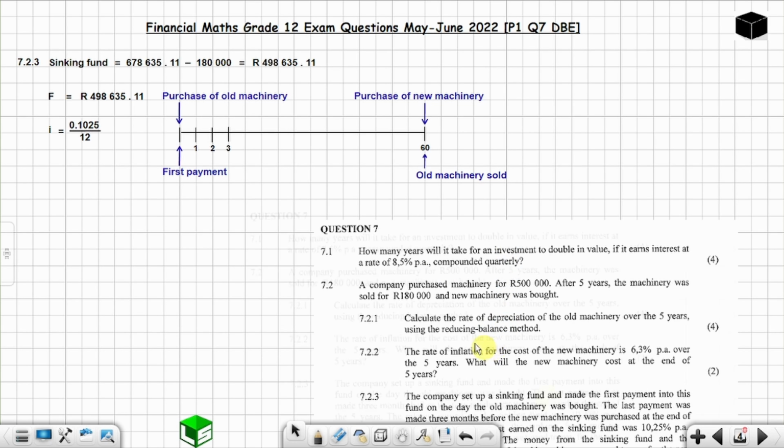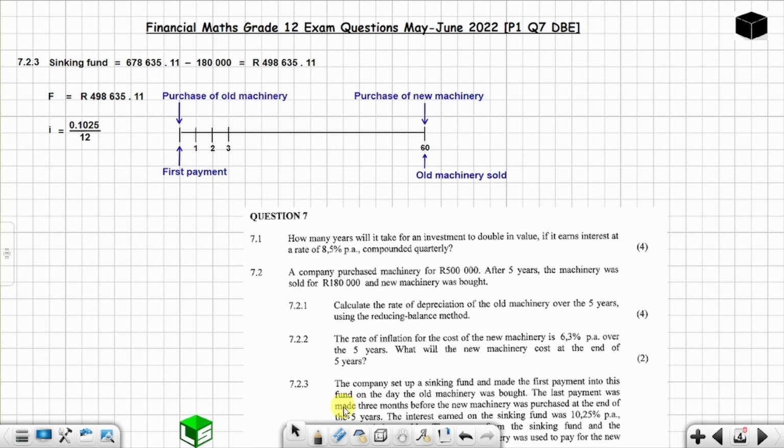Okay, so when you check, the last payment was made 3 months before the new machinery was purchased at the end of 5 years. Okay, the new machinery is purchased at the end of 5 years, and now you have the last payment made 3 months before they purchased this.